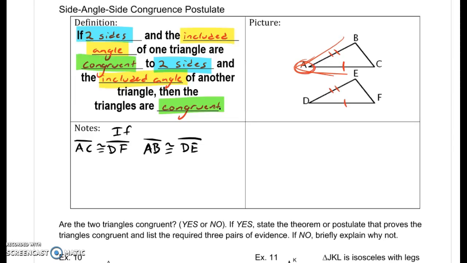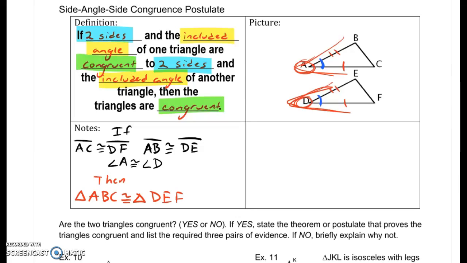Included angle is angle A, and here would be angle D. So we also need angle A to be congruent to angle D. So we can mark that on the picture. Then triangle ABC is congruent to triangle DEF. And we can abbreviate that by side angle side.